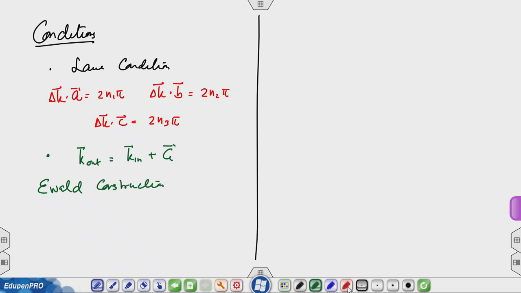And what we do in this, let us make this reciprocal lattice. This is reciprocal lattice.